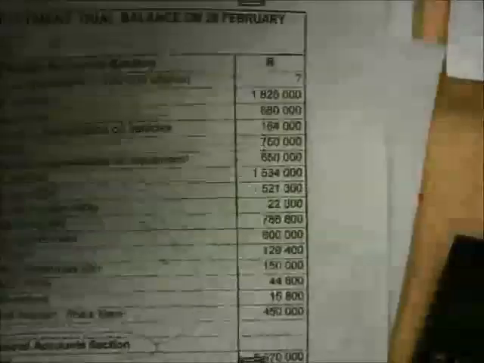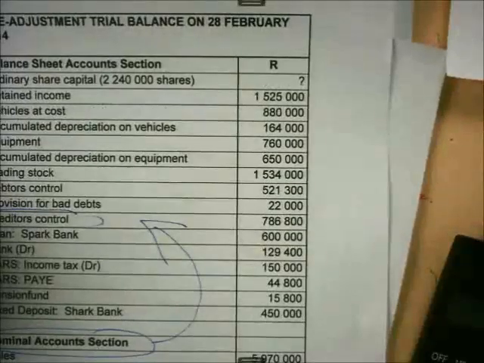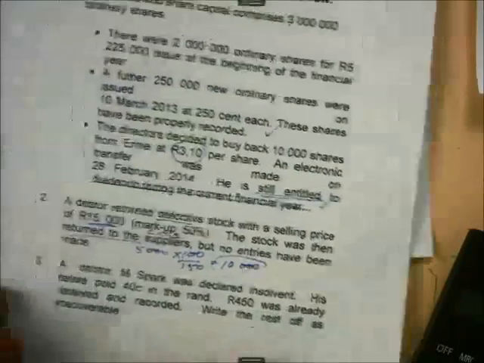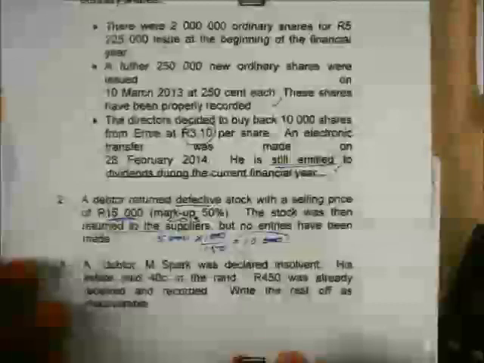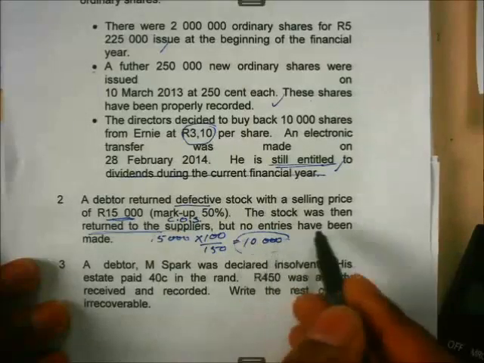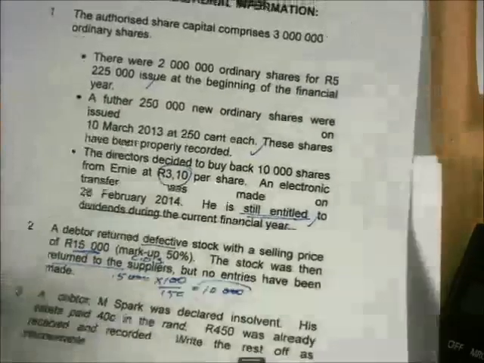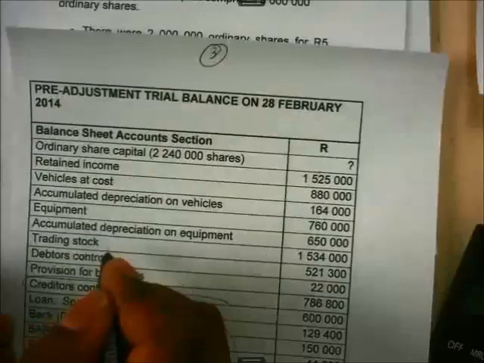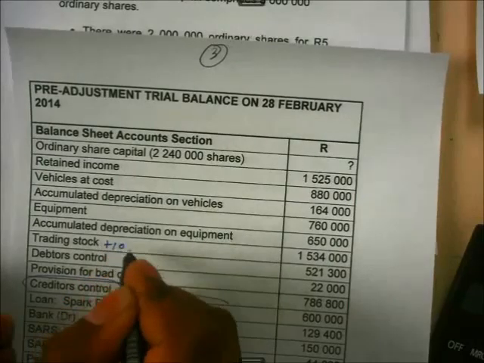Now, some of you may ask, what about trading stock? What will be the effect on the trading stock? Which is a good question indeed. Because they said goods that were sold were returned. But when you read this adjustment carefully, they say the stock was then returned to suppliers. What does that mean? It means when the customers return the stock, we added 10,000.